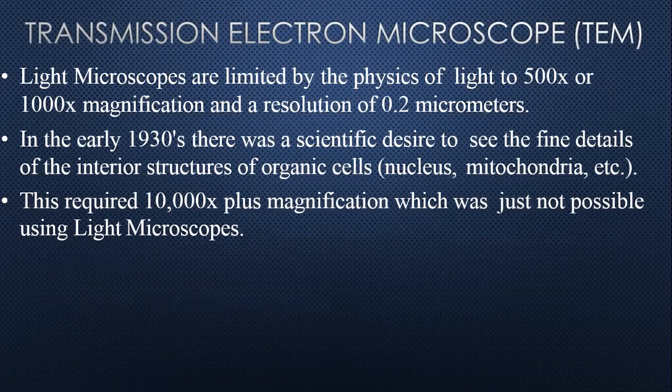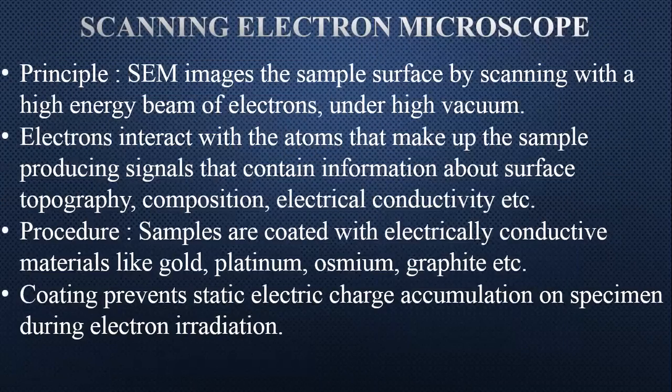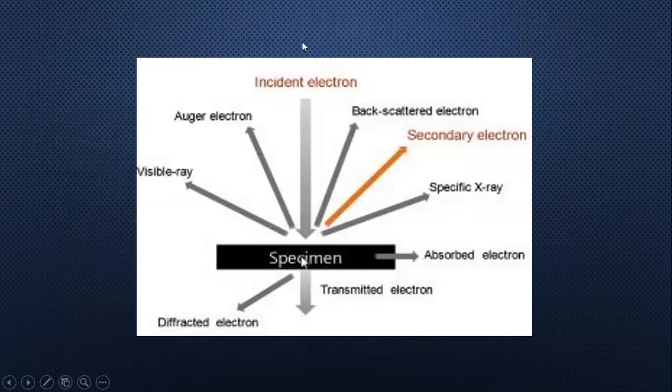Next is the transmission electron microscope. As I already mentioned, depending upon the incident electrons when they are focused on the specimen, some of the electrons are transmitted, some are backscattered, some produce secondary electrons from the specimen itself, and some produce specific X-rays.